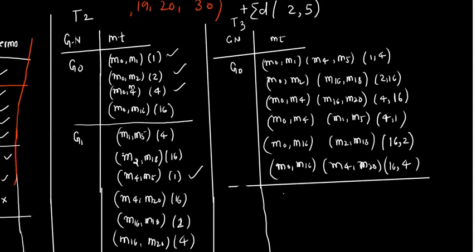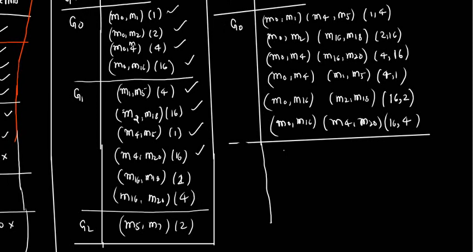So look at what we have taken care of or not. We have taken care of M0, M16. Yes. Have we taken care of M1, M5? Have we grouped it? Yes. M2, M18? Yes. M4, M20? Yes, here. Next, M16, M18?